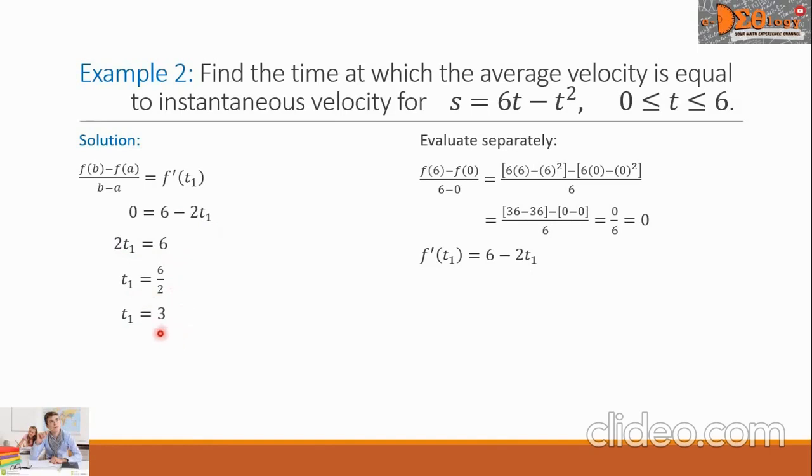This 3 here is with respect to time. Again, we write the unit, seconds: 3 seconds. Take note that our answer here is inside the closed interval of t from 0 to 6. This is our final answer.